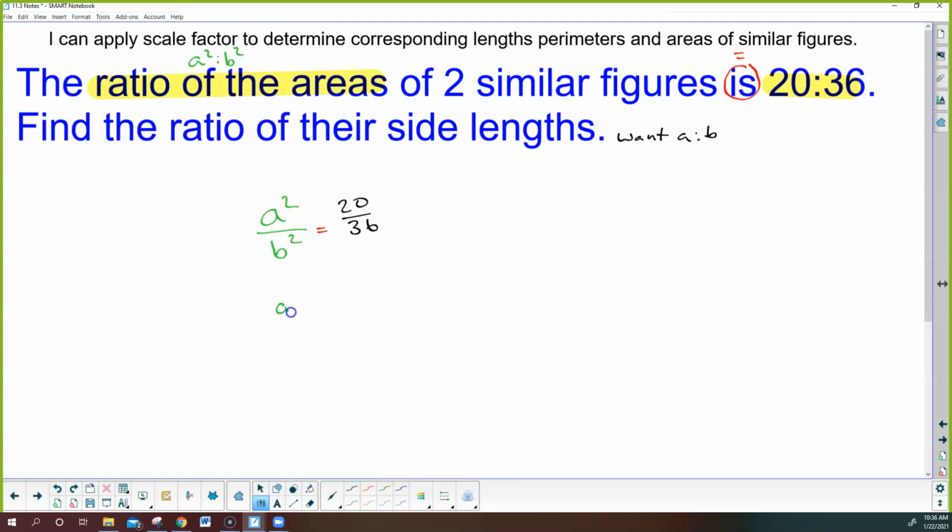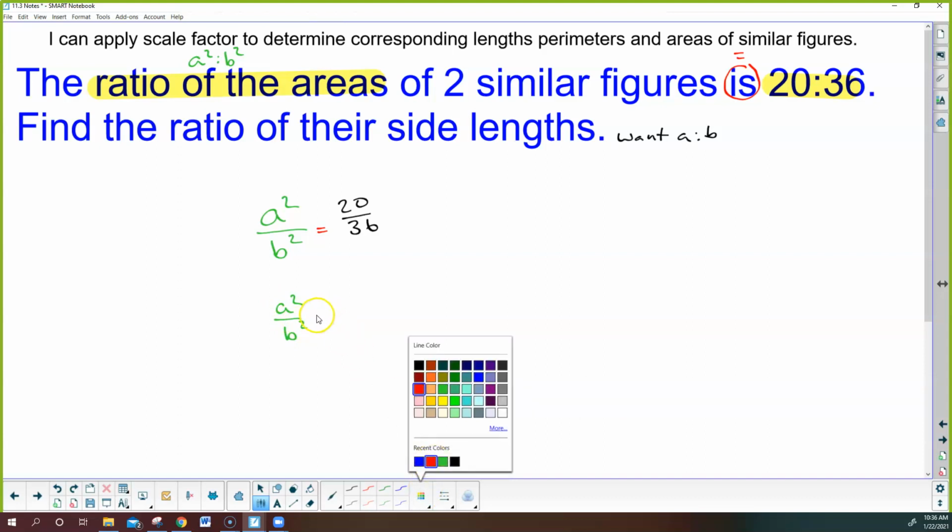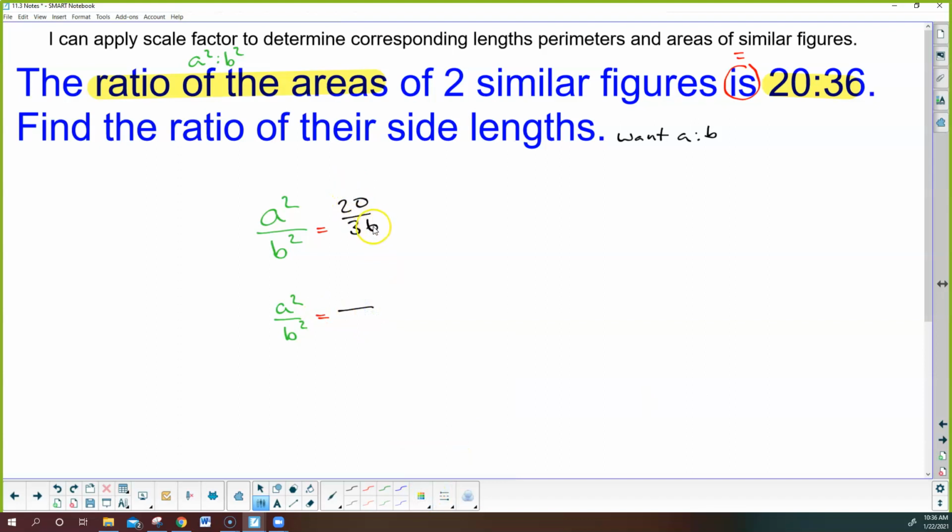Before you do that, you can make your life a little easier if you reduce. 20 over 36, you can divide each one by 4 and change that into 5/9.